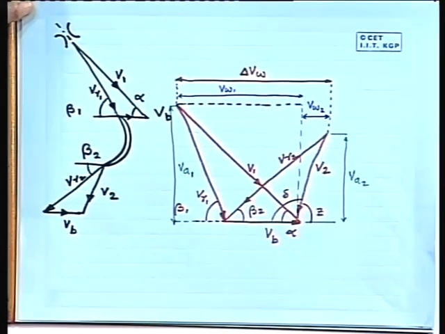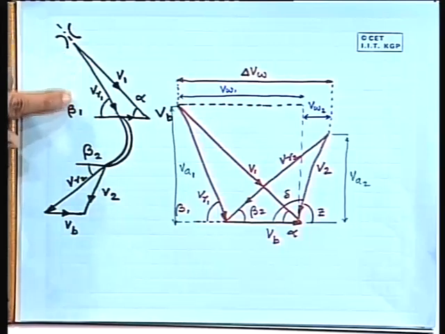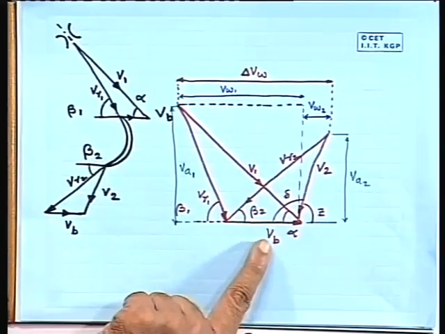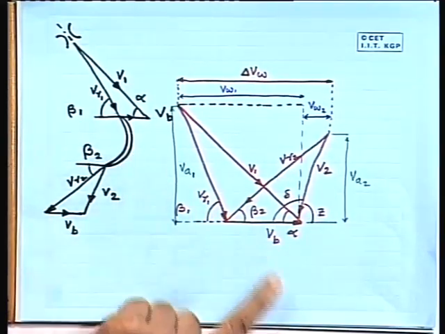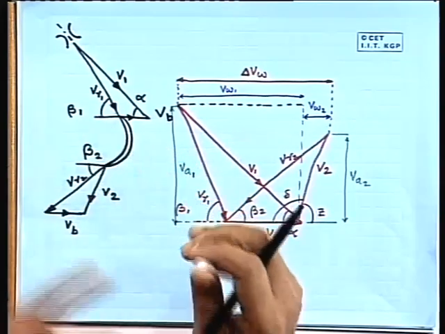Now, you see quite a few things can be selected, like one can select the nozzle angle, one can select the tangential component of velocity for the blade, which is V b. How? Because we know that it is a function of rotational speed RPM and the diameter of the turbine. One can select that.